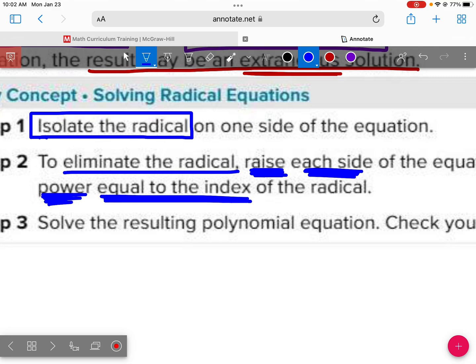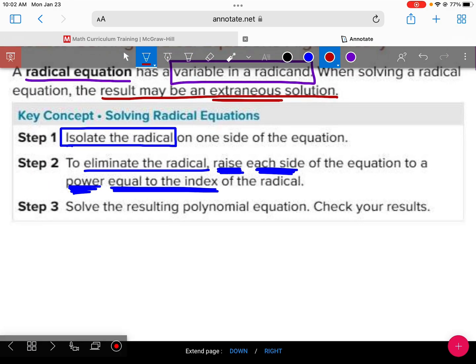So if my index is 2, I'm going to square both sides. If my index is 3, I'm going to cube both sides. Whatever my index is, that's the power that I'm going to raise it to. Then we're going to solve it. And last, we will have to check.